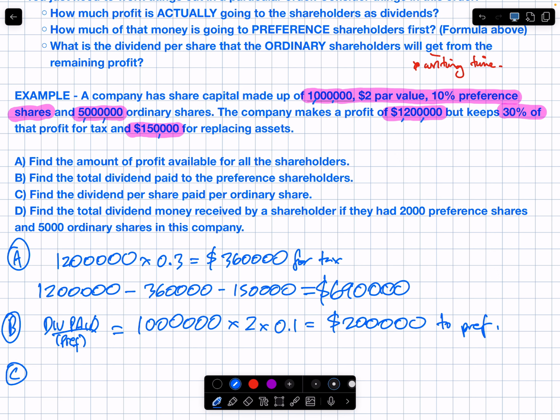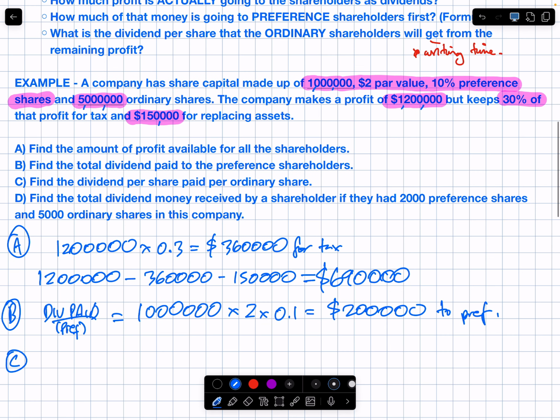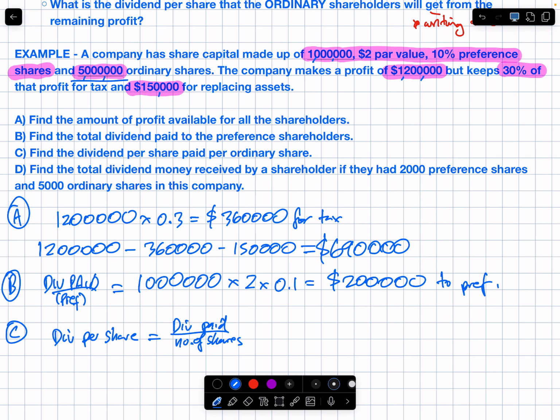C. Find the dividend per share paid per ordinary share. We don't have the info to work that out straight away because last lesson, dividend per share equals dividend paid over number of shares. We know the number of ordinary shares. Do we currently know what those 5 million people are going to be sharing?